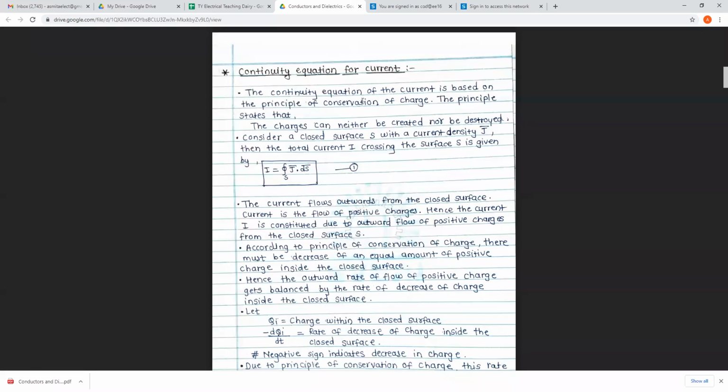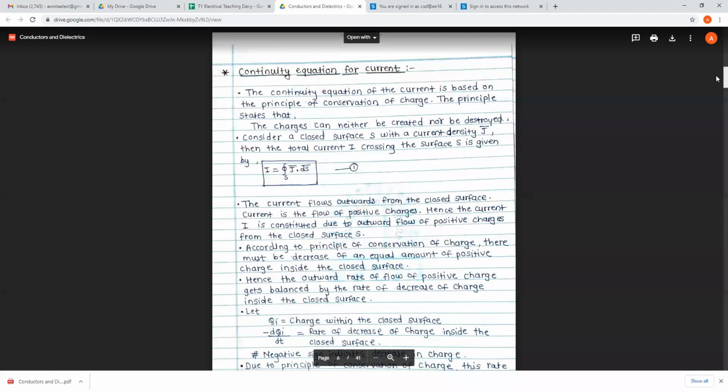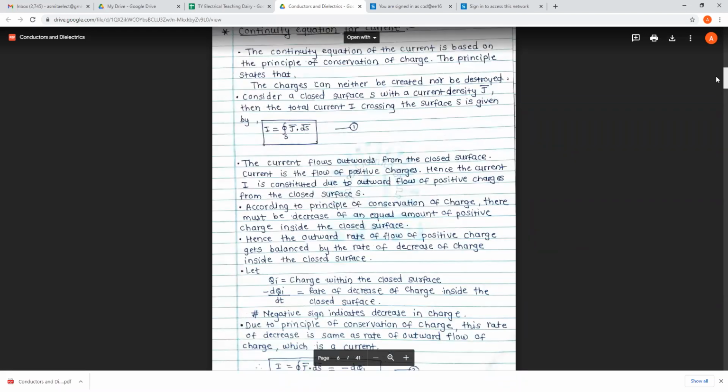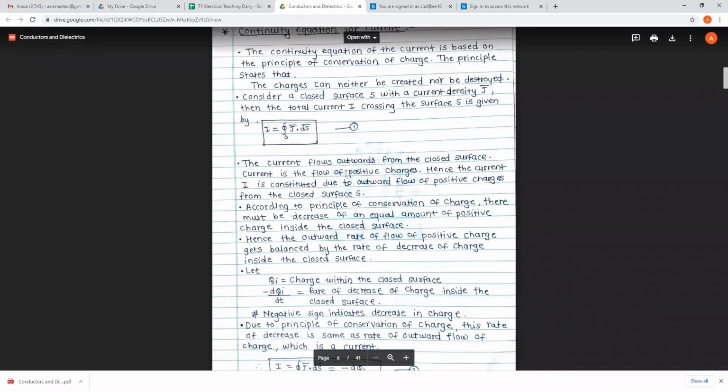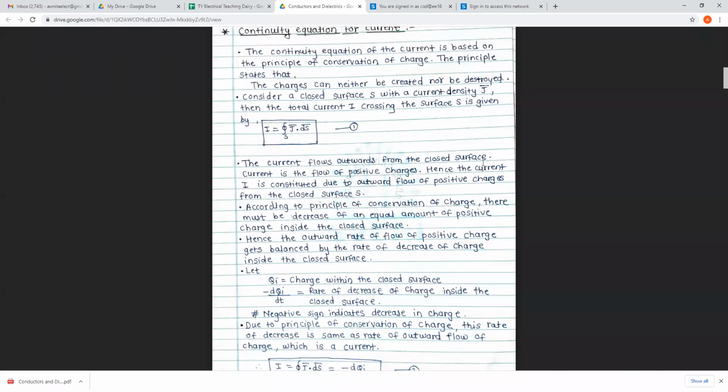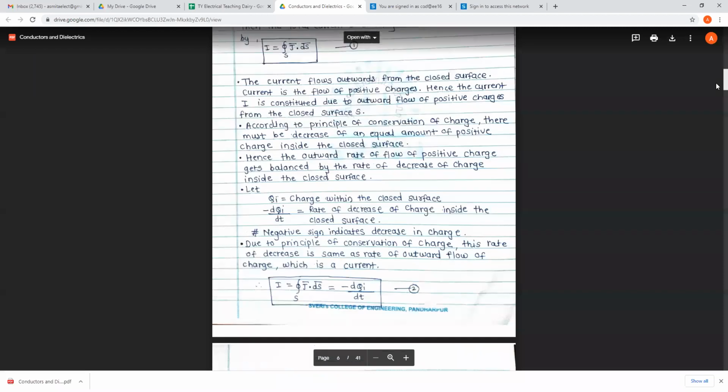This continuity equation of current is based on the principle of conservation of charge, meaning charge can neither be created nor destroyed. So we are moving the charge from one point to another point. If we consider a surface, then the current passing through that surface is given by the closed surface integral of J bar dot ds bar. If the current is passing through the closed surface, then the current is given by dq upon dt.